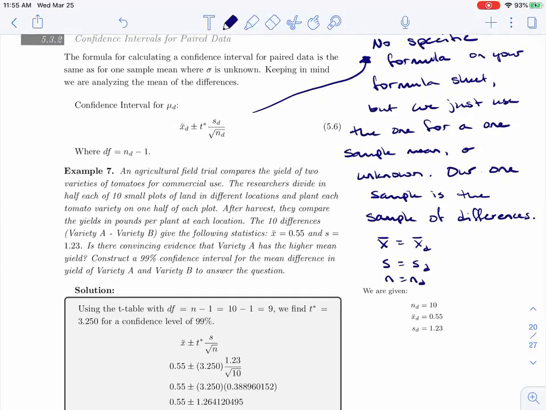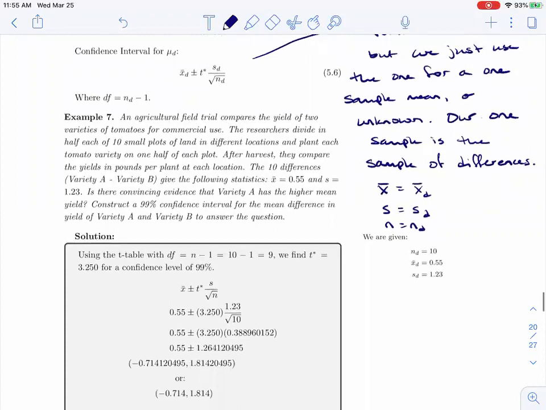So let's go through this example 7 together. An agricultural field trial compares the yield of 2 varieties of tomatoes for commercial use. The researchers divide in half each of 10 small plots of land in different locations and plant each tomato variety on one half of each plot. After harvest, they compare the yields in pounds per plant at each location.